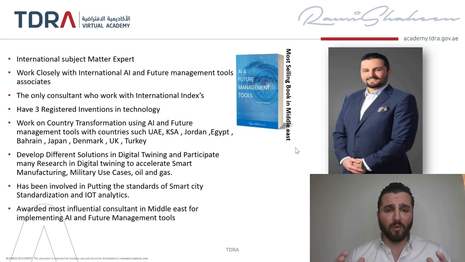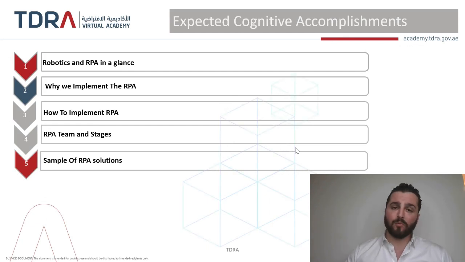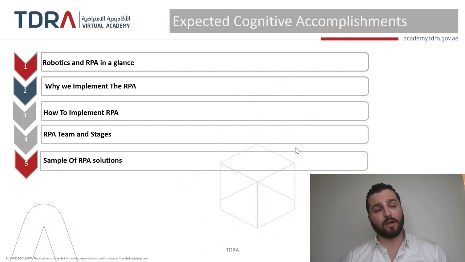Now, let's start by talking about one of the main pillars that build the ecosystem of Industry 4.0 and the transformation. In our expected cognitive accomplishment, we're going to talk about robotics and RPA at a glance.